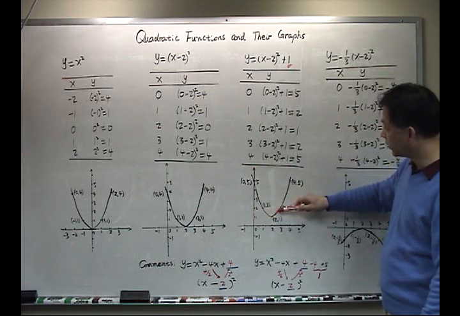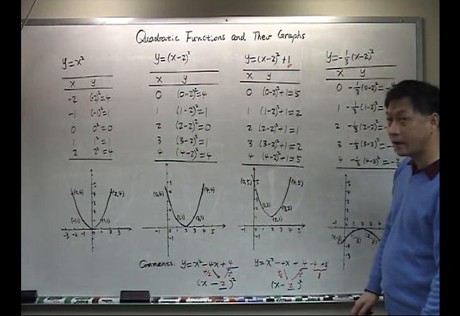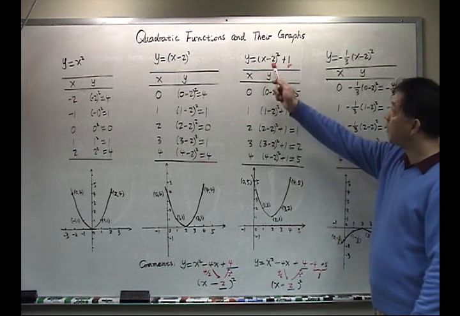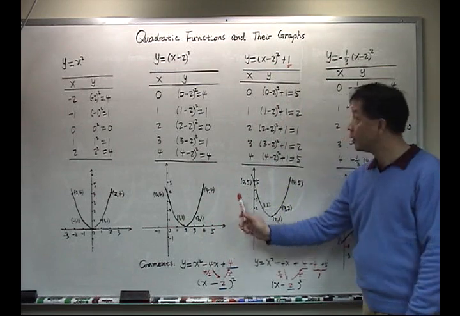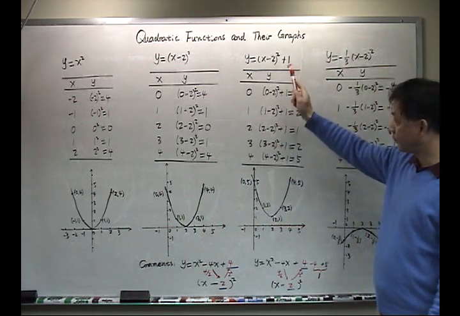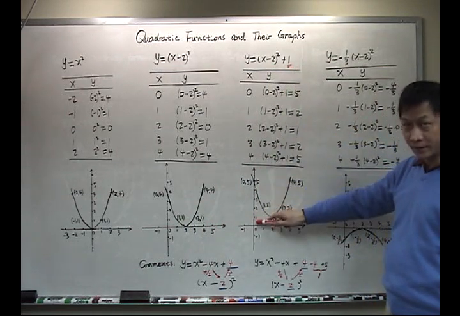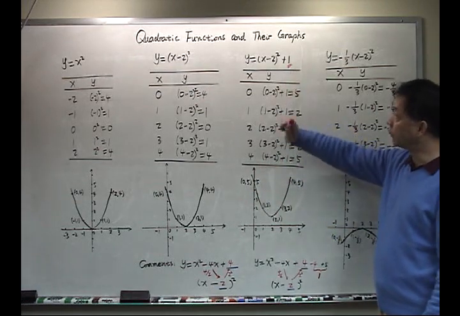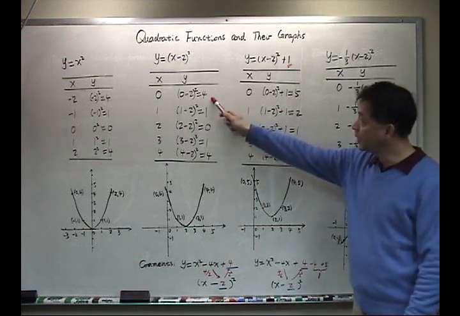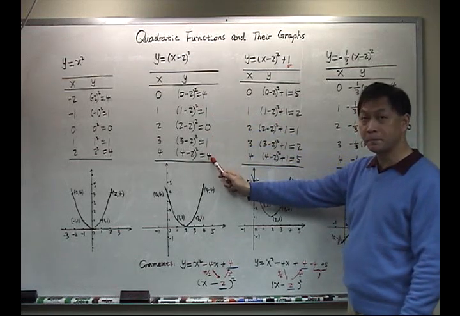So 1 unit up. Be careful right here. Minus 2, positive direction, plus 1, positive direction for y. If here were minus 1, then of course, every value here would be subtracted by 1.